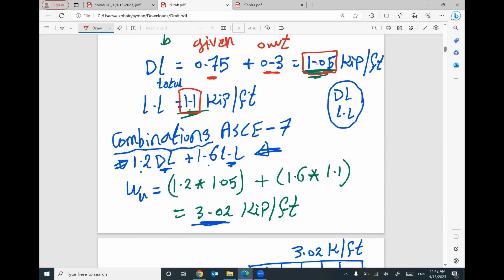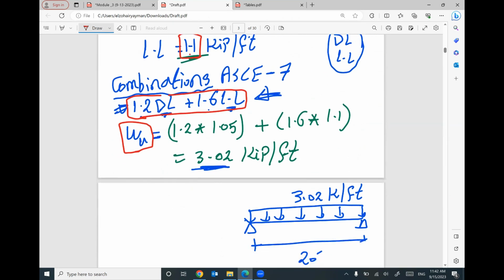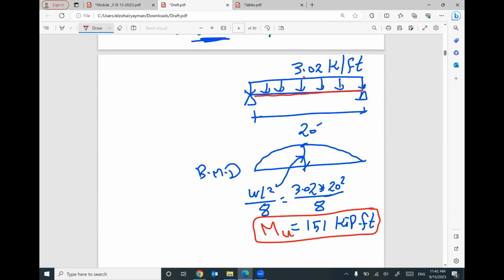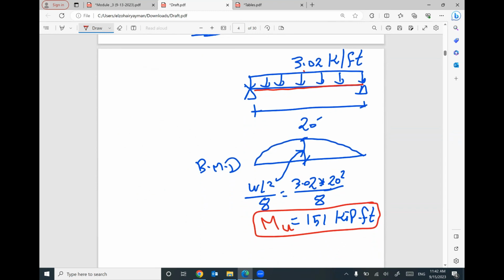According to ACI 7, we have this equation for combination between dead and live. So I put the value of dead and the value of live to find the final total load on the beam, 3.02 kip per foot. So your beam under the effect of this uniform distributed load, according to structural analysis, the bending moment diagram will be a parabola. The highest value of this parabola is WL squared divided by 8.